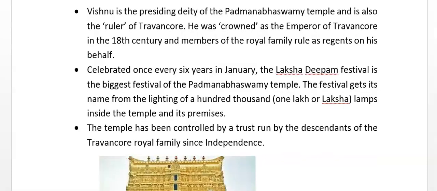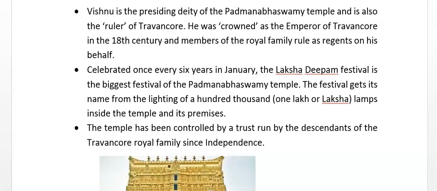The principal deity in Sri Padmanabha Swami is Lord Vishnu, who is seen in Ananta Shayana posture, which means Vishnu in sleeping pose on Sheshnag. So a question can be put: who is the principal deity in Padmanabha Swami temple, and in which pose is the idol of Vishnu established there.